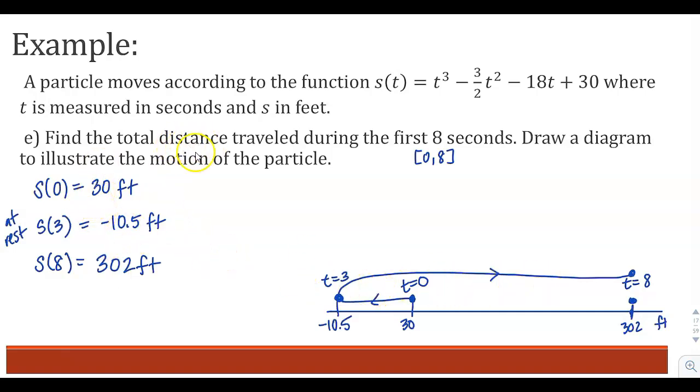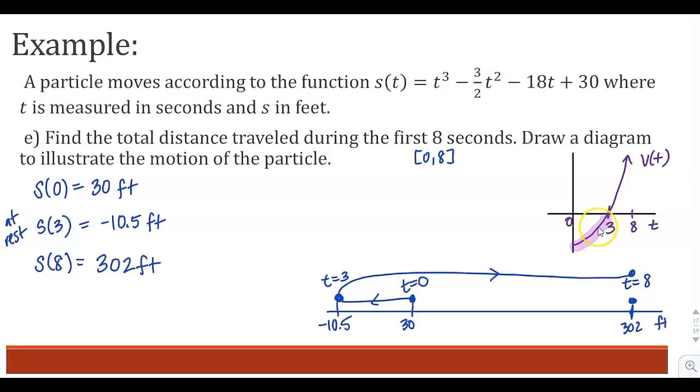So that was one way of thinking about what's happening, by drawing out the diagram. And we still haven't computed the distance yet, but the other piece that we could have analyzed was our velocity graph that we drew a little bit earlier. So I'm going to re-sketch part of it. My velocity graph looked something like this when time was greater than 0. So this was 3 over here. This is time. So this was my v of t graph. What I know is that from 0 to 3, and over here would be 8, obviously not to scale, between 0 and 3, my velocity graph was negative.